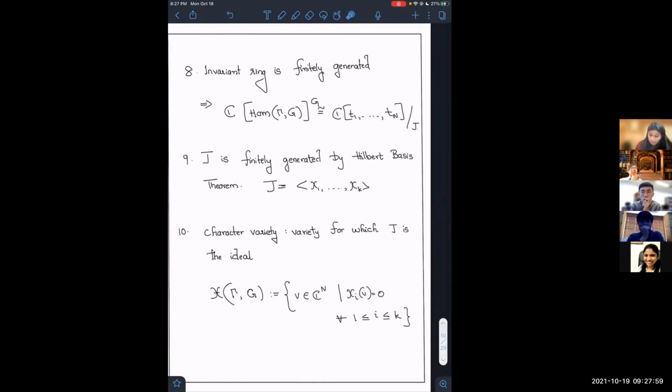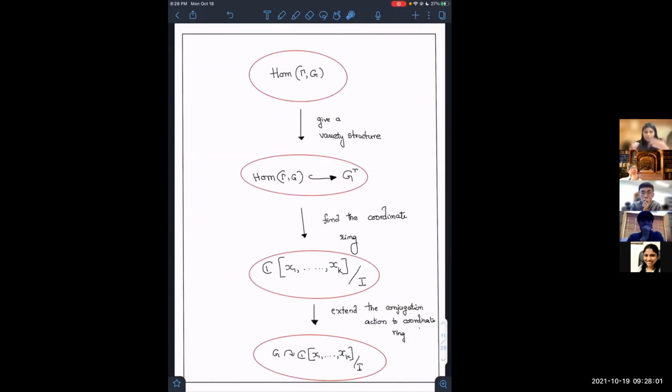So let me just summarize to recall what I said. Seems like I gave a lot of different things. What we did was we started out with the Hom set of Gamma, G, and then we gave it a variety structure by embedding it inside G^r.